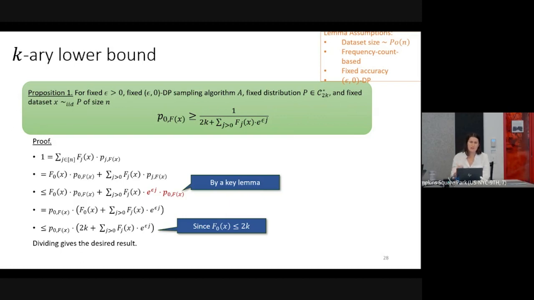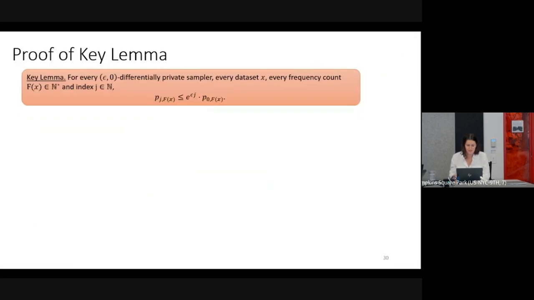Yeah, so this key lemma is really what's doing the heavy lifting in the lower bound. So let me show you what that is and how it works. Okay, so our key lemma says that for every differentially private sampler and every data set and every frequency count, the probability of releasing an item that occurs j times is at most e to the epsilon j times the probability of releasing something that occurs 0 times.